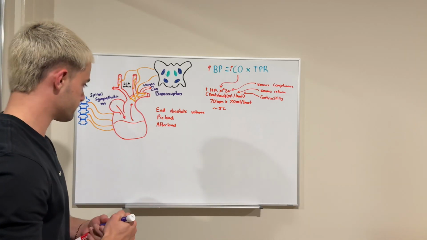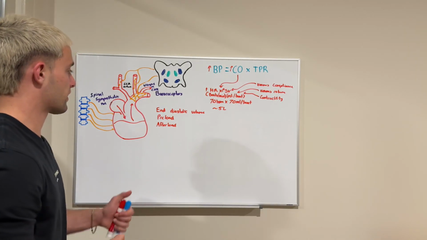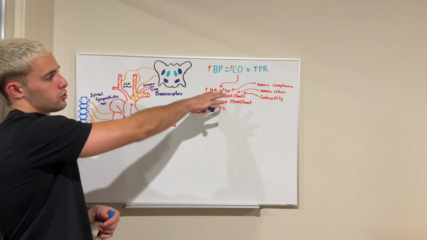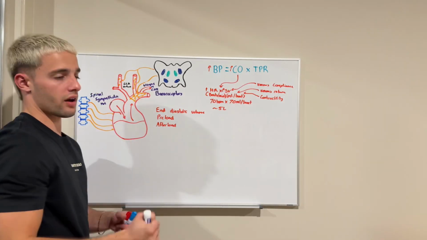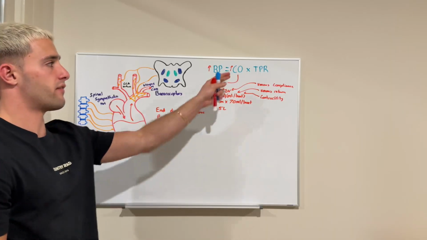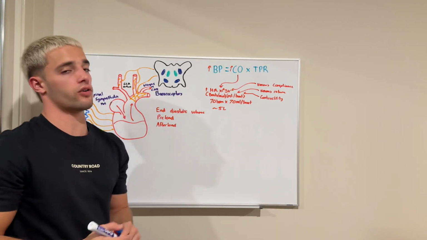This noradrenaline is going to allow the heart to contract harder. It's going to increase heart rate, therefore increase cardiac output and increase blood pressure.